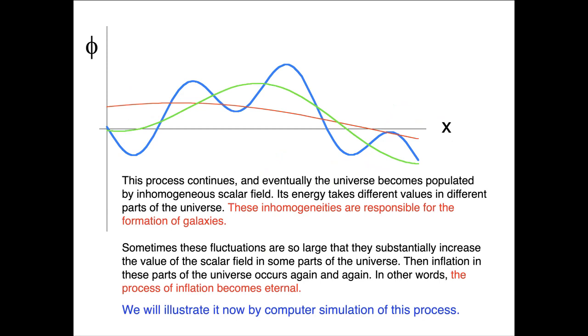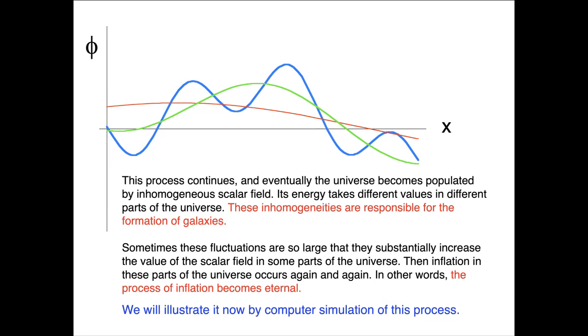And what we have after a while, you have the first fluctuations frozen. They will have exponentially large wavelengths, and lots of stuff on top of these fluctuations.